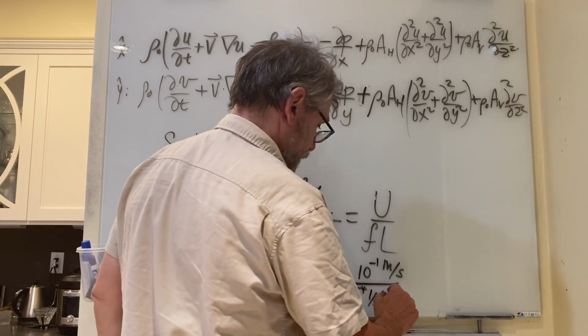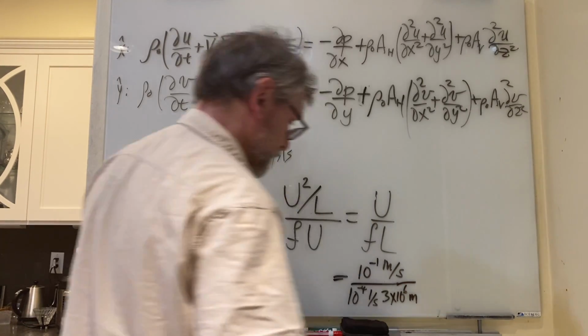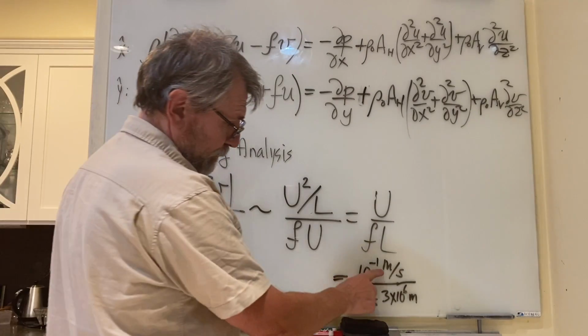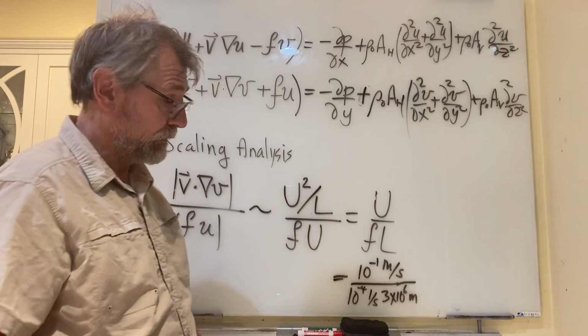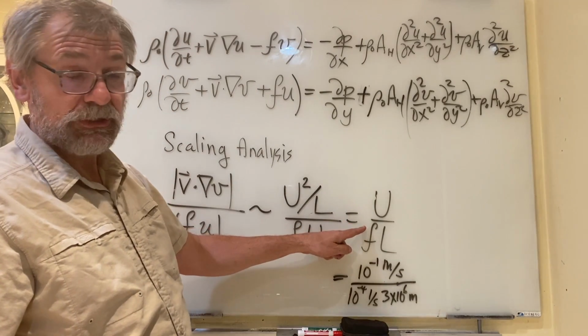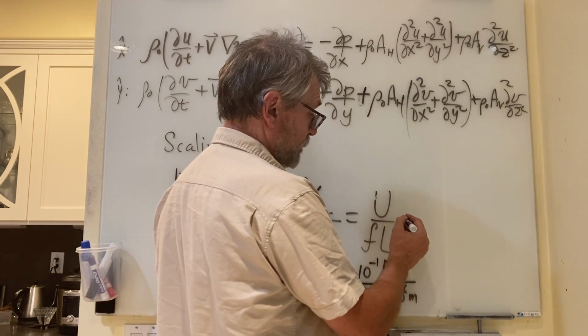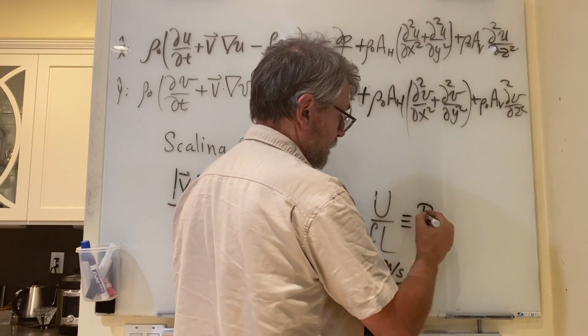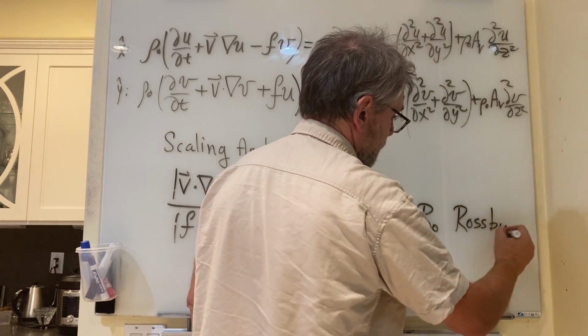L is about 3 times 10 to the 6 meters. So if you look here, you have meters per second on top and meters per second on the bottom, so all the units cancel out. So this is a dimensionless number. It's a pure number, there are no units, no dimensions. And we define it as the Rossby number, and that's the Rossby number.